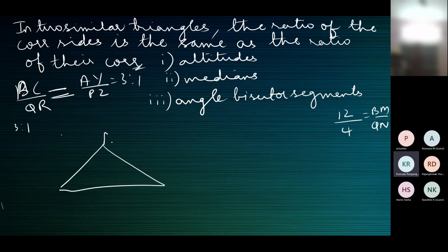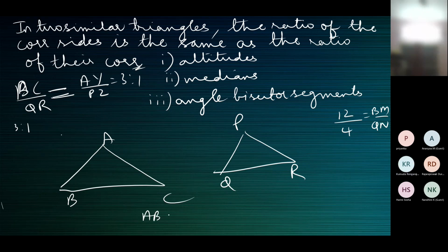Okay. So triangle ABC, triangle PQR. They are similar. You know that they are similar. Now, Harini, which is the vertex that corresponds to angle C in the other triangle?